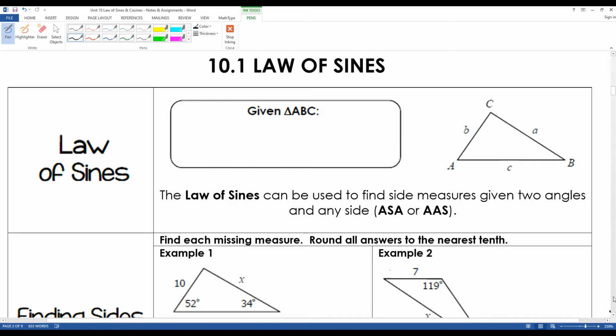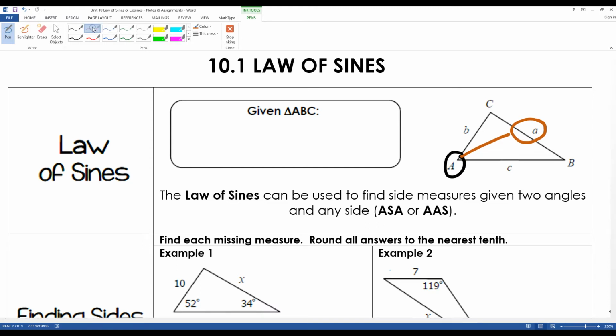Okay, so first of all, let's figure out how these match up. So your angle here, angle A, let's use a different color. That matches up with side A. Notice how they're written. Angle A is capitalized, the side opposite is lowercase.